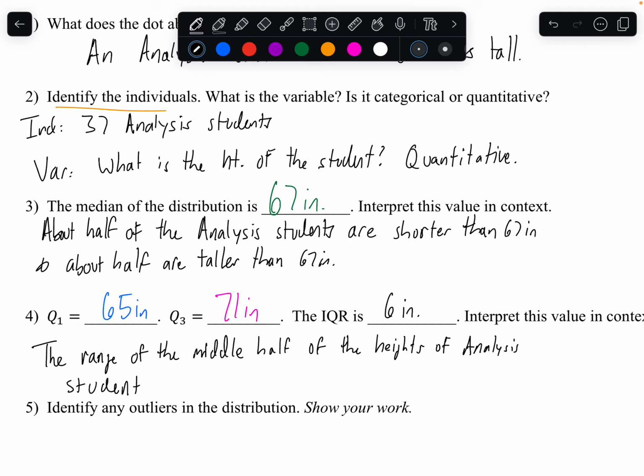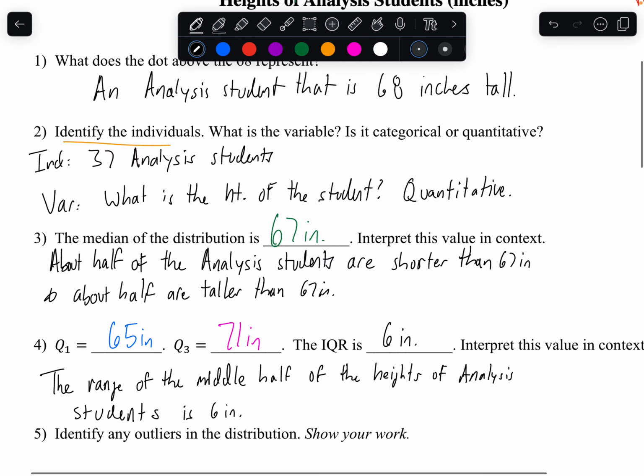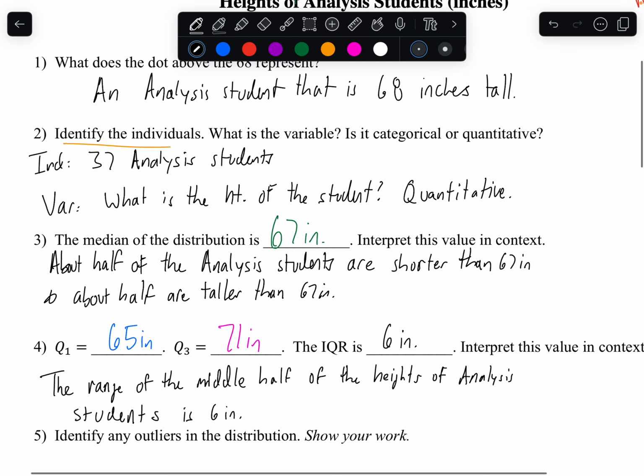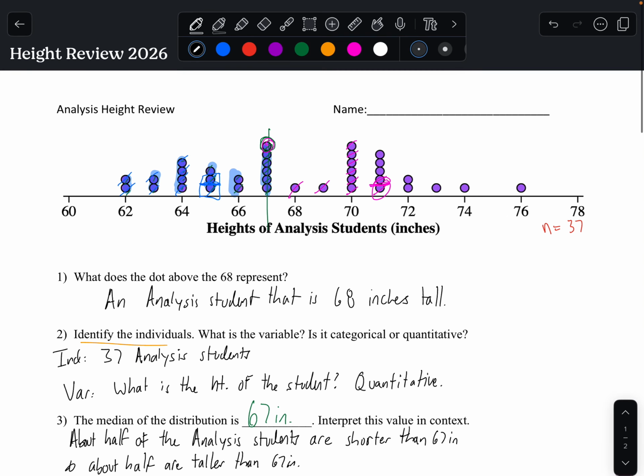Again, it tells us that from here to here is a distance of 6 inches. Half of the data will be in that space.